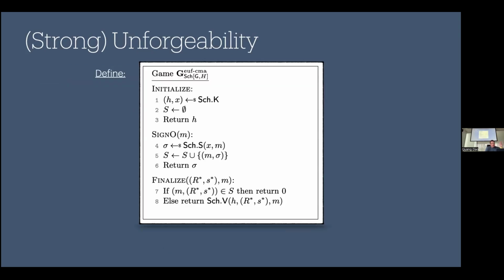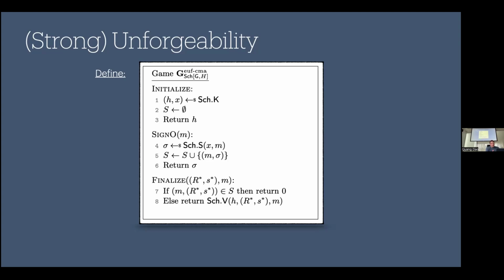And then here I've just written the definition of unforgeability for a signature scheme, written in terms of Schnorr itself. I'm sure you know this: basically the adversary asks for signatures on messages of its choice, and then finalize takes R star and S star, and M, which is supposed to be the forgery.